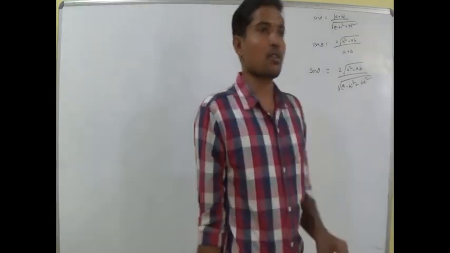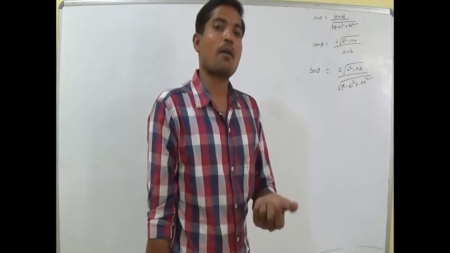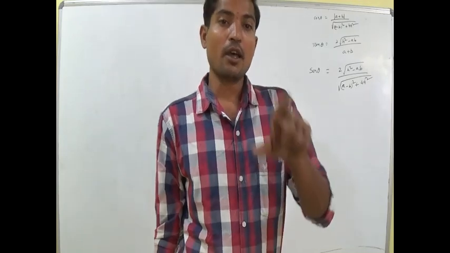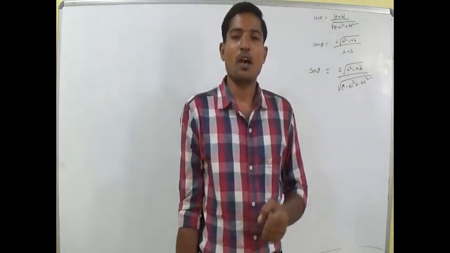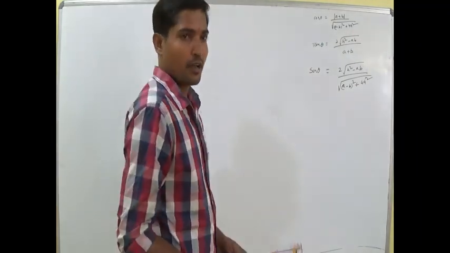First, suppose the slopes are m1 and m2. Sum of the slopes equals m1 plus m2, product of the slopes equals m1 m2. According to the problem, m1 plus m2 equals 4 into m1 m2. Right?